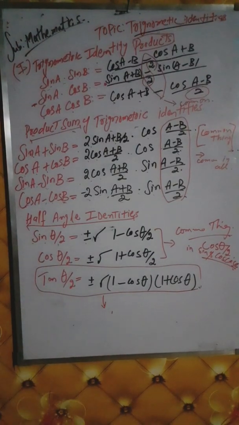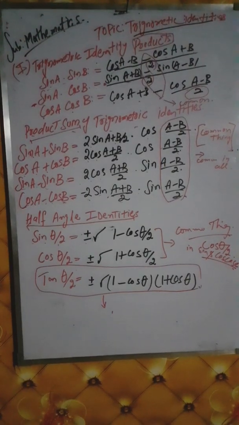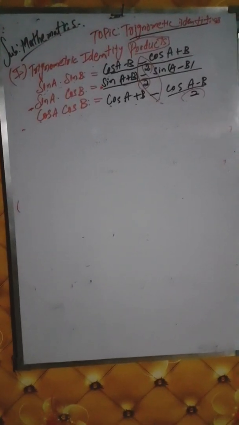So now I have another three formulas of trigonometric identity products.